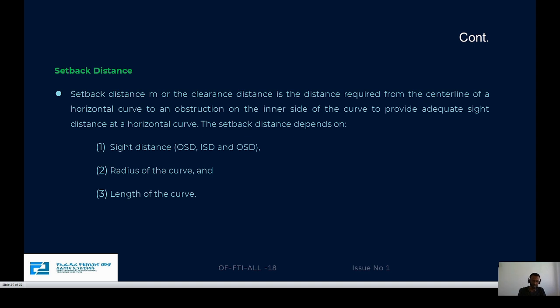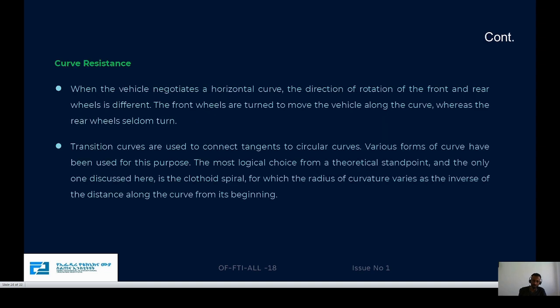The setback distance is the distance between the center, the inner part of the curve, up to the obstacle. This distance is denoted by m. It is provided for horizontal curves for the purpose of stopping sight distance, and depends on the radius of the curve and the length of the curve. If the length of the curve is short, m will be greater.